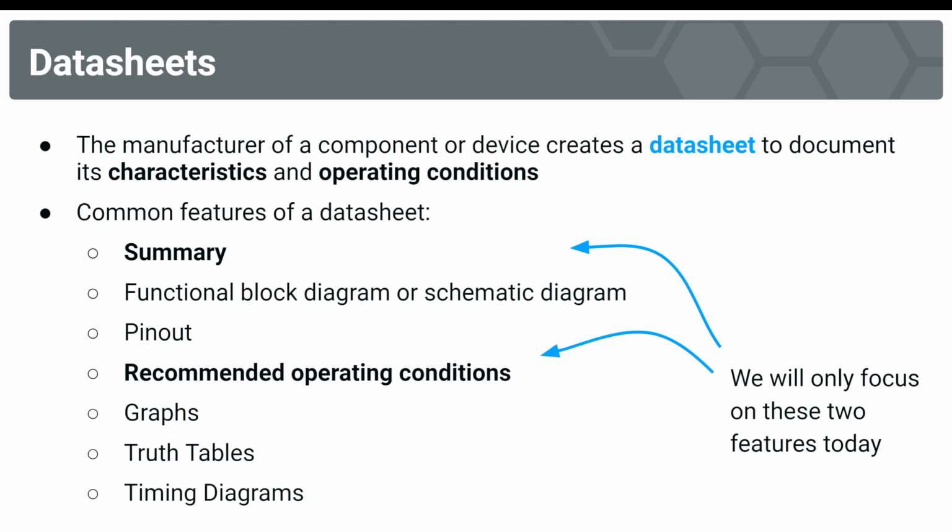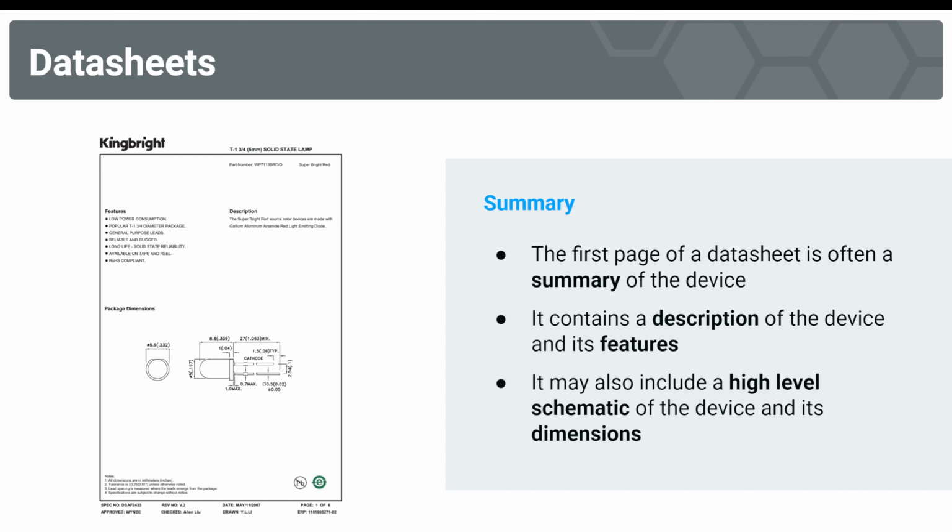Now, not all of these terms will ring a bell right now, or maybe they do, but for this lecture, we're just going to focus on the summary and the recommended operating conditions. Later, we'll talk about what pinout is, how to read truth tables, how to read timing diagrams, and what a schematic diagram looks like.